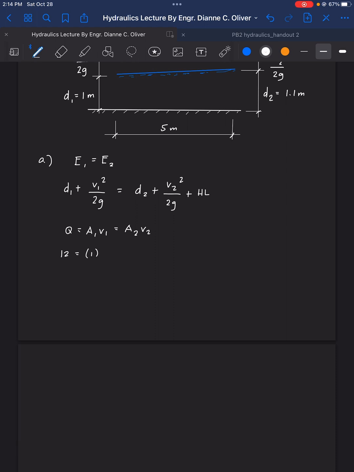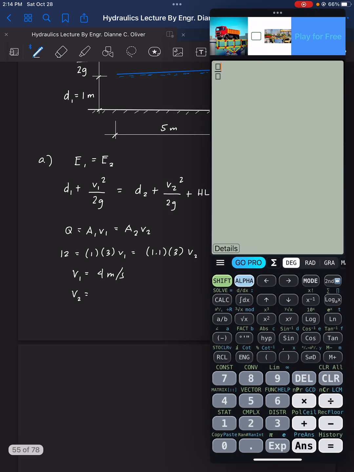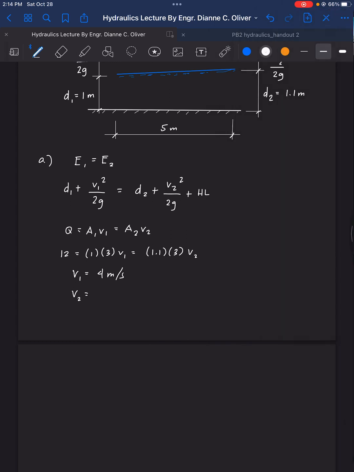So this is 1 times 3 for area 1, velocity 1. For area 2, that will be 1.1 times 3, velocity 2. So velocity 1 is equal to 4 meters per second, and velocity 2 is equal to 12 divided by 3 times 1.1, which is 3.64 meters per second.